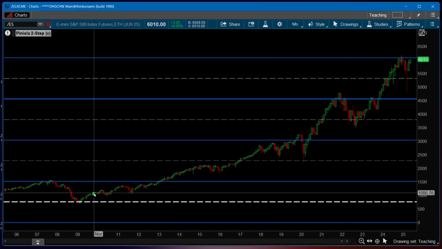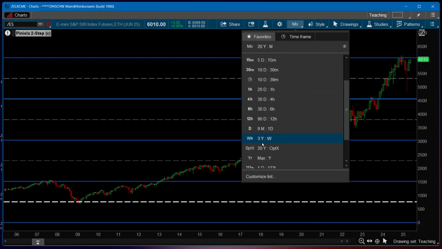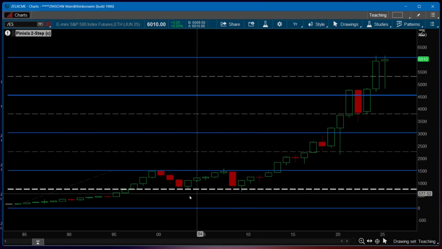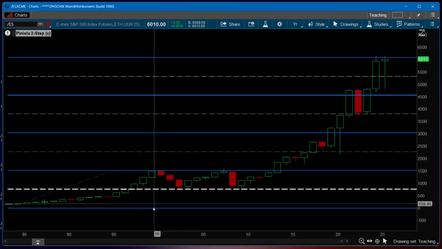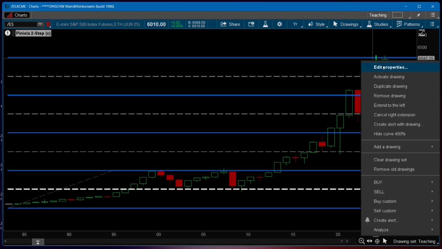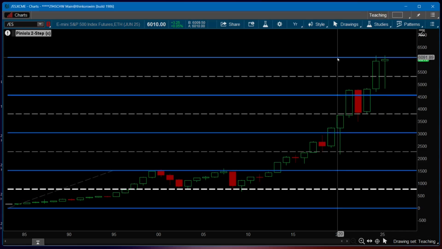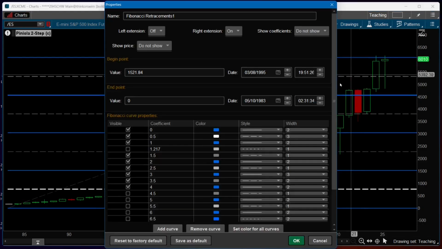And back in 2000, I could have told you that there were going to be these levels, and I'll show you the next one, that there would have been these levels to watch out for, to be cautious around.